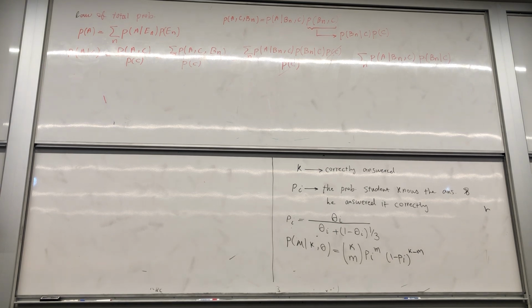But the good point is that, for maximum a posteriori, this term is constant for all of the different values of theta, right? So you don't have to evaluate this term if you want to find maximum a posteriori.